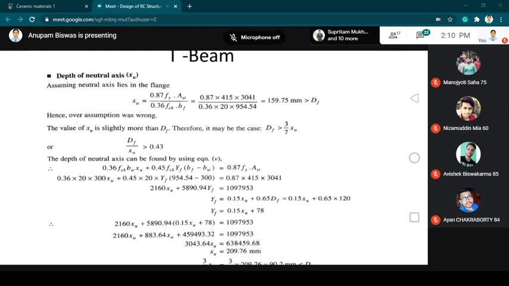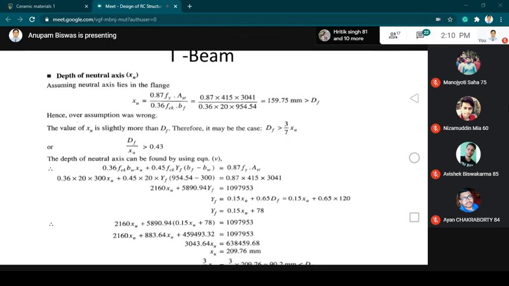So it would be 0.45 FCK into BF minus BW into DF. So instead of YF, you will write DF, and directly obtain the value of XU.